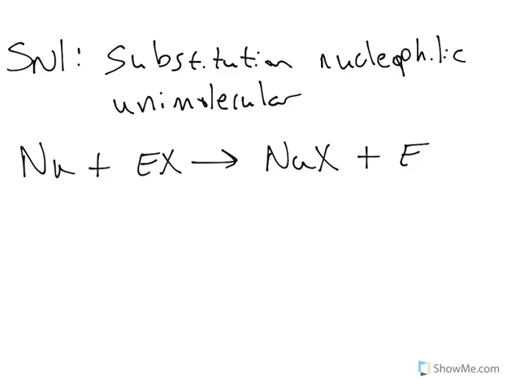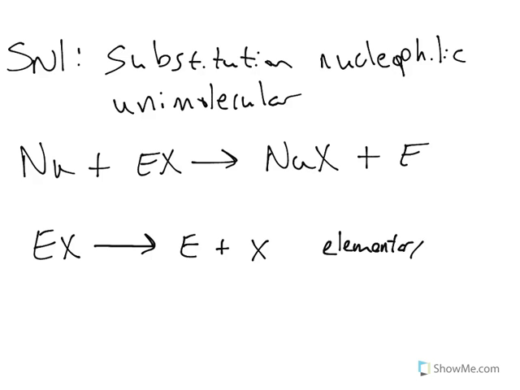What ends up happening with this reaction is that it's not the nucleophile, but the electrophile that undergoes a dissociation process in the first step. So this is elementary step 1. Then X will react with Nu to form NuX.